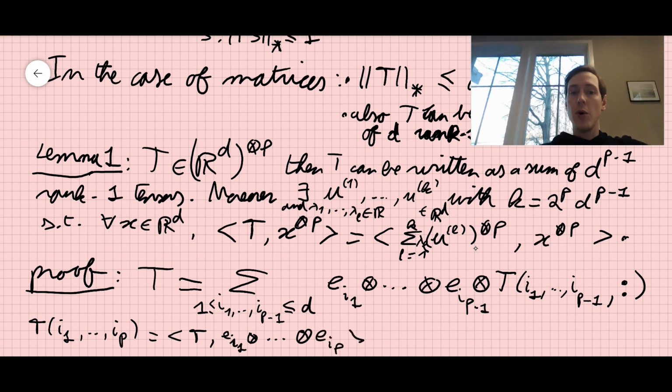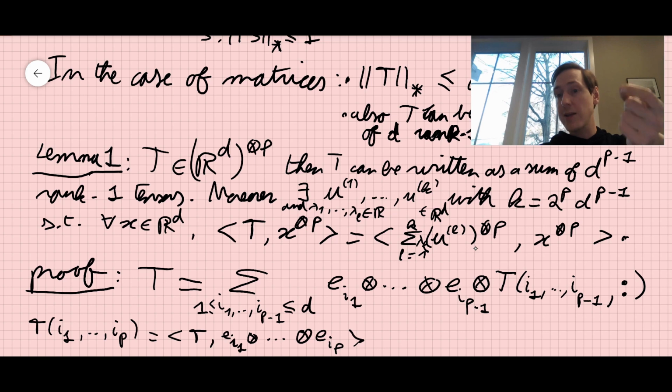So when I take the tensor product with e_{i1} up to e_{ip} on the right hand side, the only thing which is going to survive is the term in the sum which corresponds to i1 up to i_{p-1}. And then in the last entry, when I take the inner product of the vector T_{i1...i_{p-1}} with the vector e_{ip}, I will be left with simply T_{i1...i_{p-1} ip}, which is exactly what I have on the left hand side.